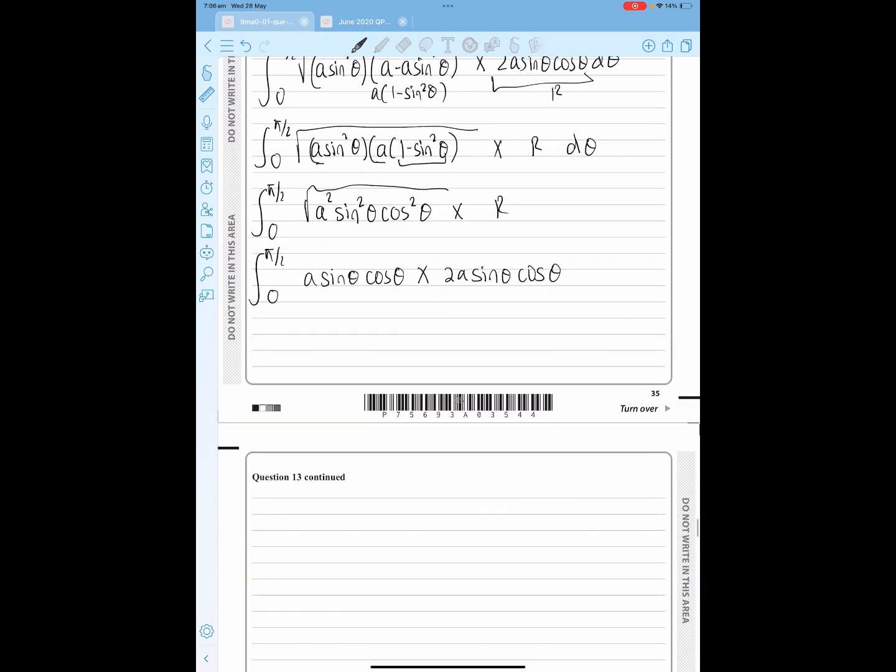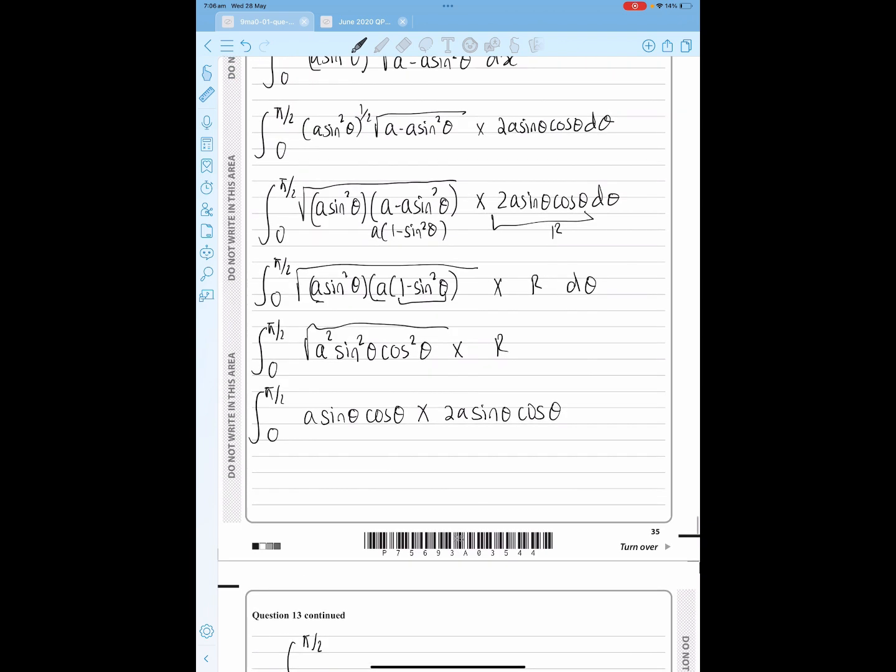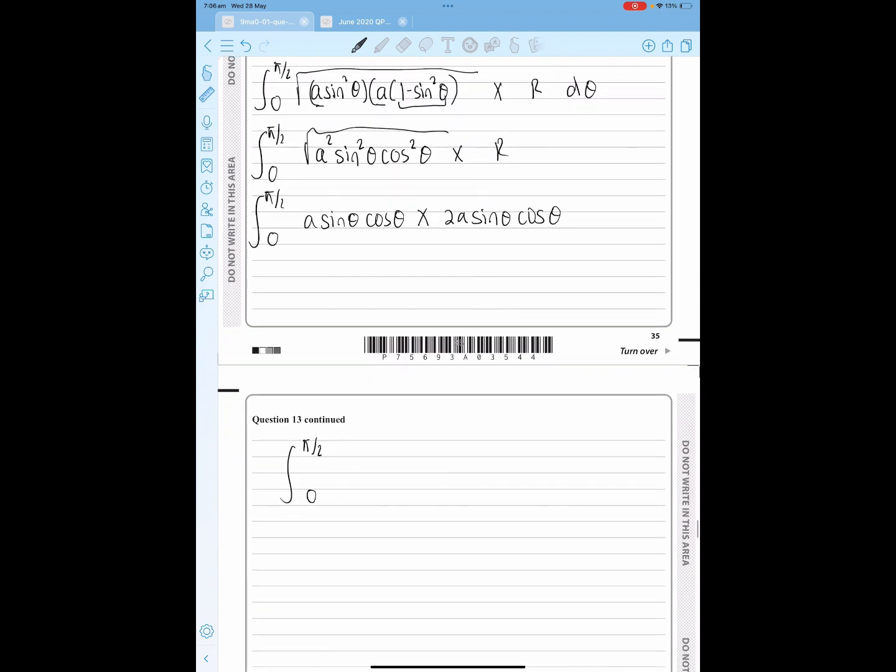So yeah, we can definitely do that. Let's multiply everything out and see what we get. Am I making any mistakes? No. So it would be 2a squared sine squared theta cos squared theta.